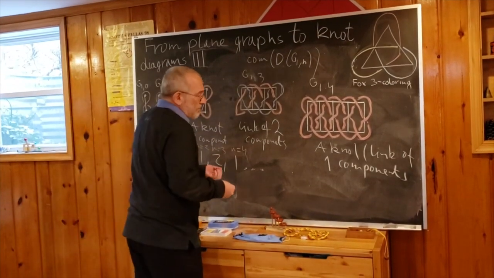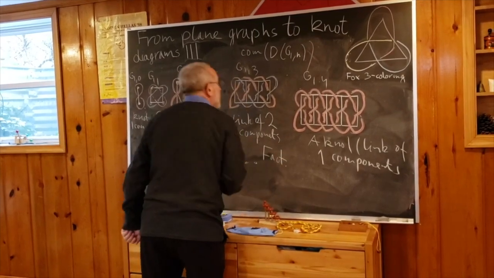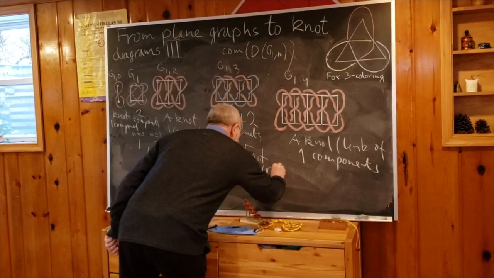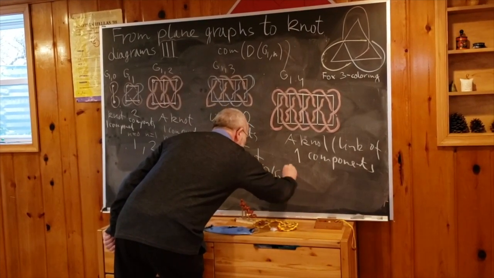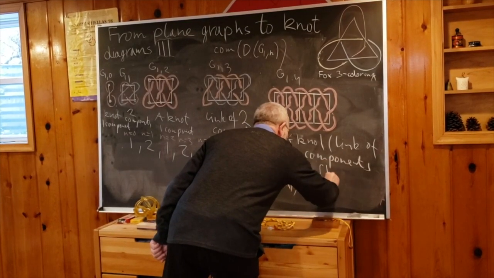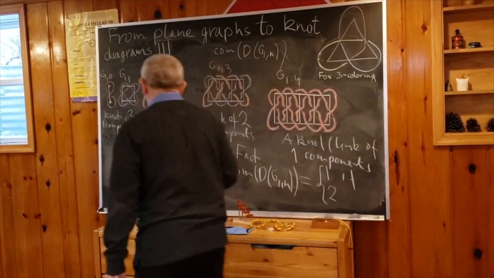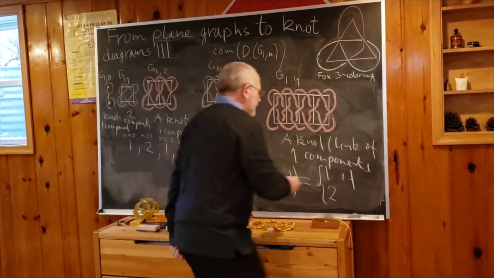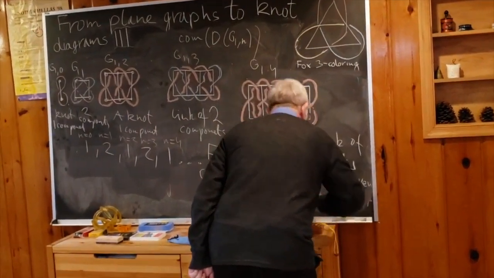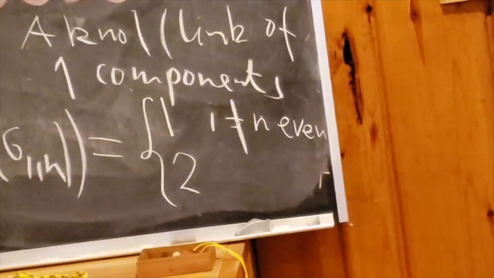So we observe, we don't prove anything, but we observe, so let's call this a fact, or observation, that the number of components of the diagram of G1n is equal to either 1 or 2: 1 if n is even, and 2 if n is odd.